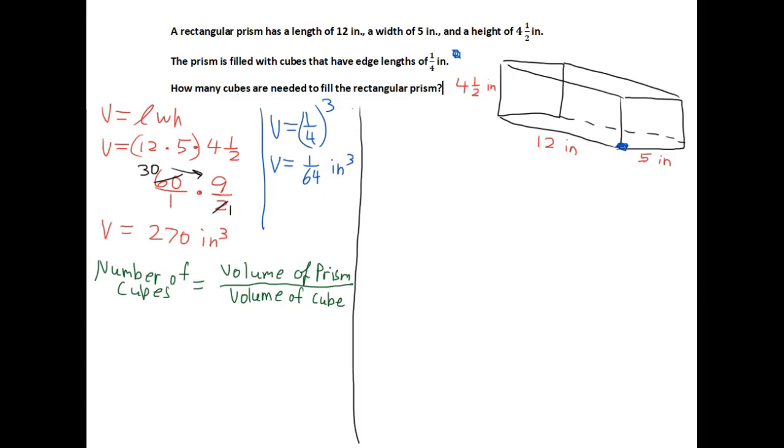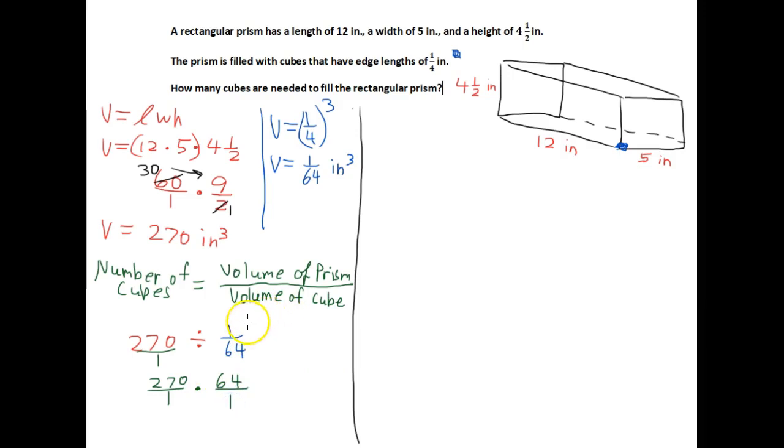All right, now let's fill in what we need. We have the volume of the prism, that's 270, divided by the volume of a little cube, that's 1/64. All right, we can make this into a fraction by putting it over 1, so now we've got 270 over 1. Multiplied by, remember, copy dot flop, 64 over 1.